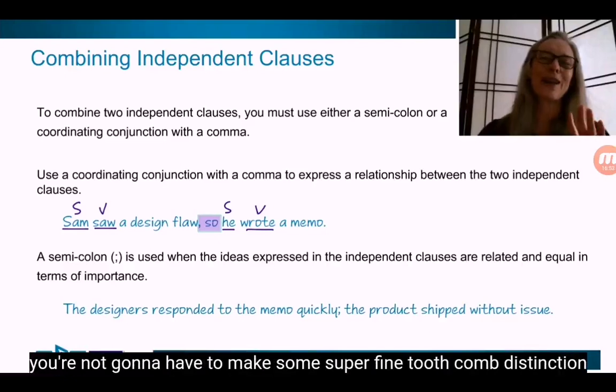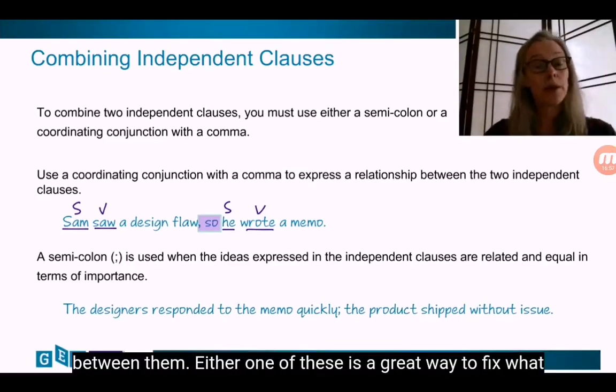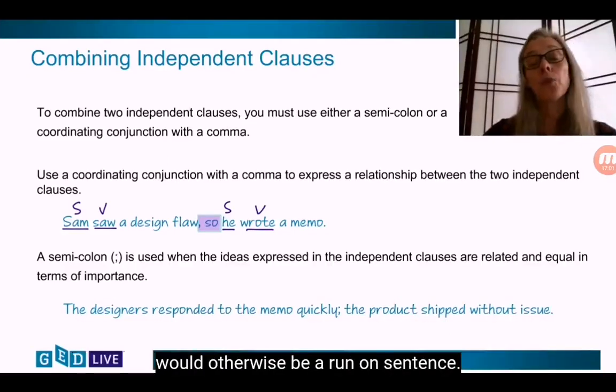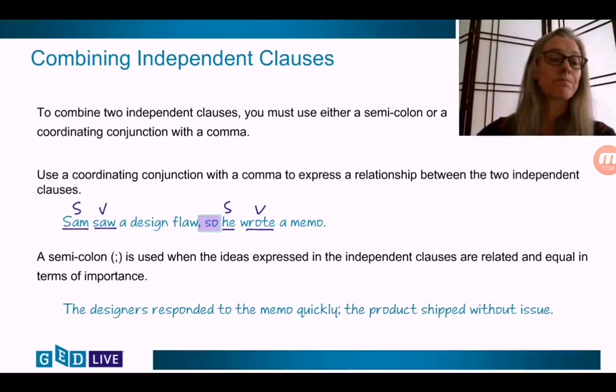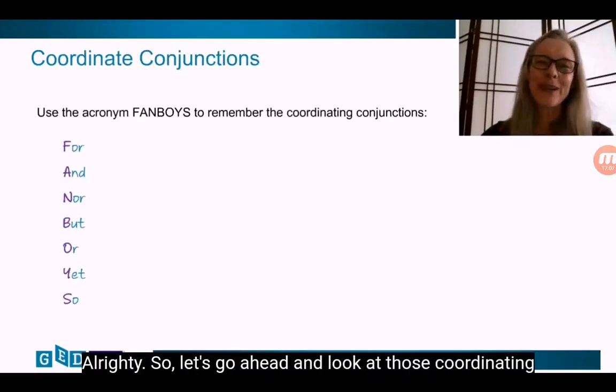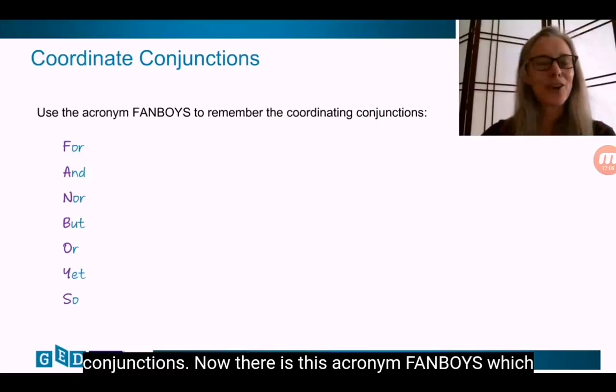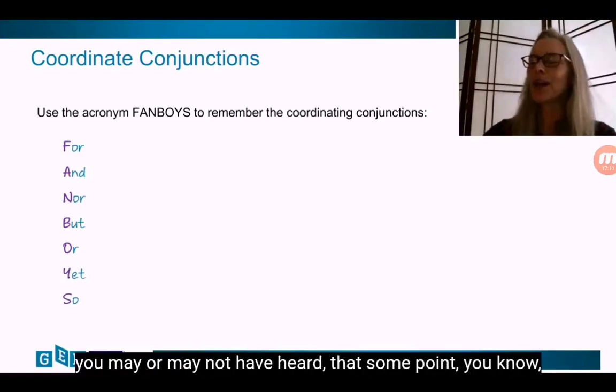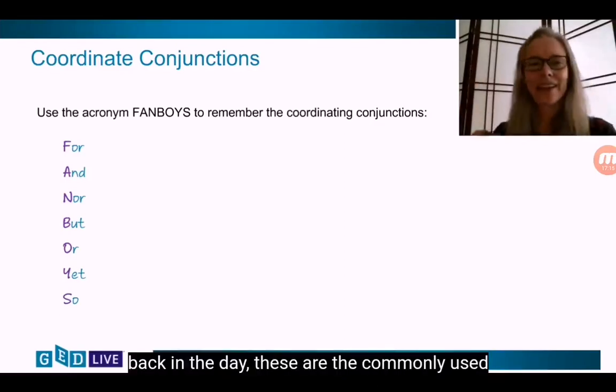So don't worry, you're not going to have to make some super fine-tooth comb distinction between them. Either one of these is a great way to fix what would otherwise be a run-on sentence. Alrighty, so let's go ahead and look at those coordinating conjunctions. Now there is this acronym, FANBOYS, which you may or may not have heard at some point, back in the day.